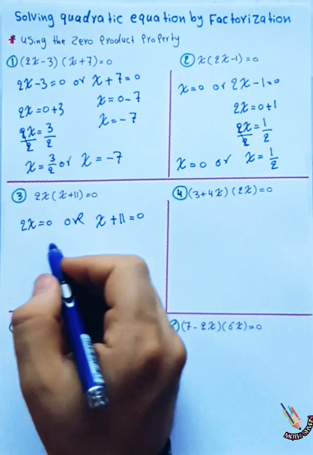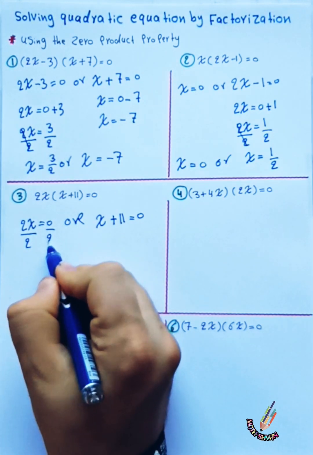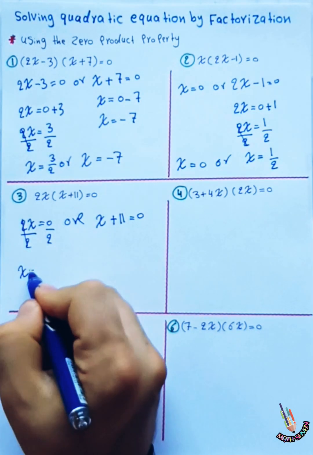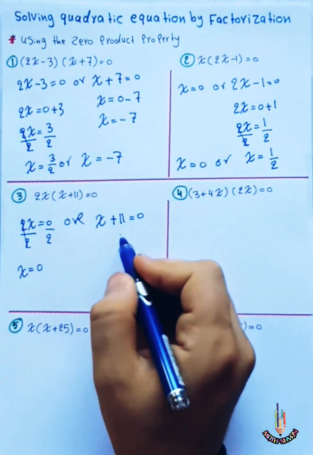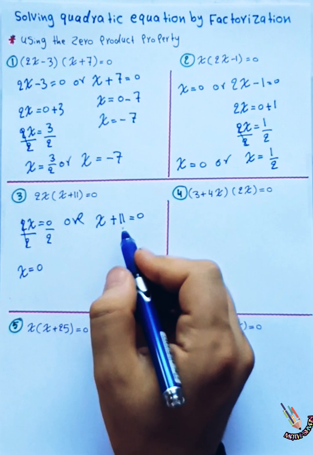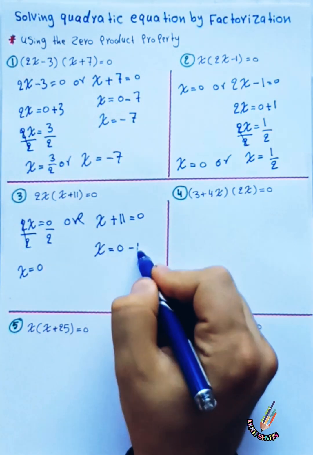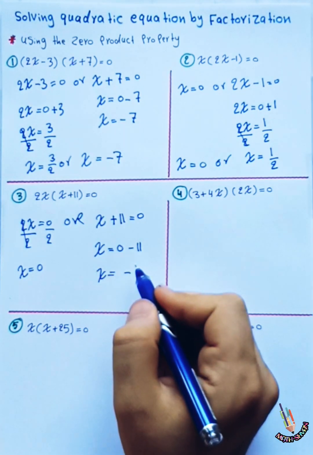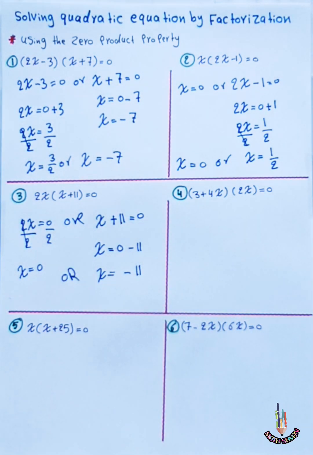And then we have to find the value for each equation. 2x equal to 0, we have to divide both sides by 2. So x is equal to 0 out of 2, which is 0. Or x plus 11 equal to 0, you have to change the place of positive 11 to the right side. So x is equal to 0 minus 11, x is equal to negative 11. So the solution for this equation is 0 or negative 11.